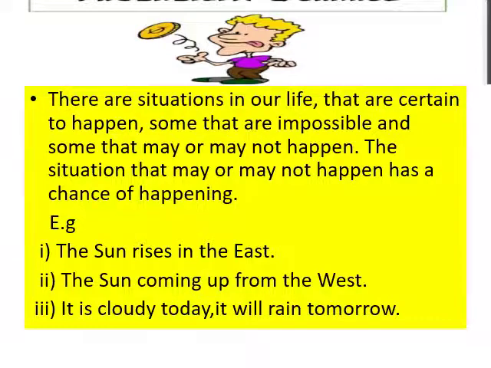Now let me take our next topic, that is probability and chance. Before starting this topic, you all should know the word event. What is an event? Children, event means which is going to happen.